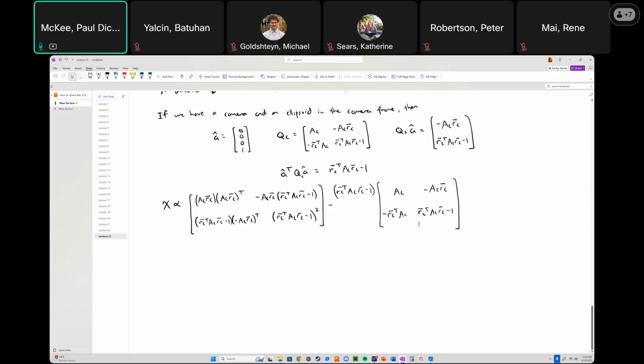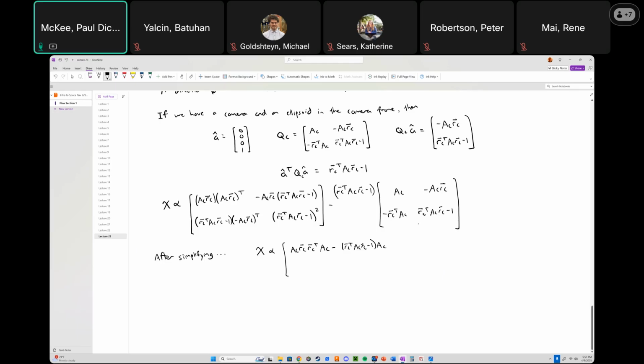And so after we simplify this, we get that chi is proportional to, thankfully this simplifies quite a bit, A_C r_C r_C transpose A_C minus r_C transpose A_C r_C minus 1 times A_C.